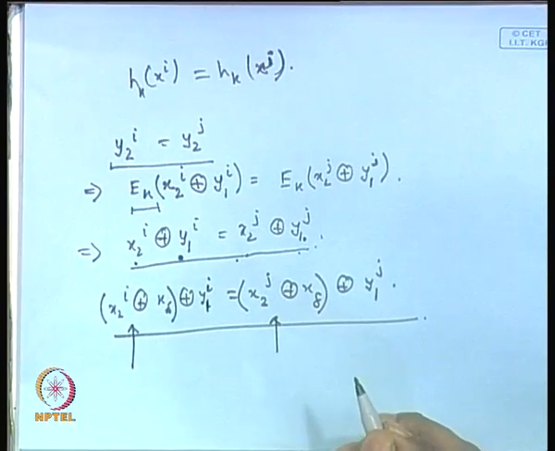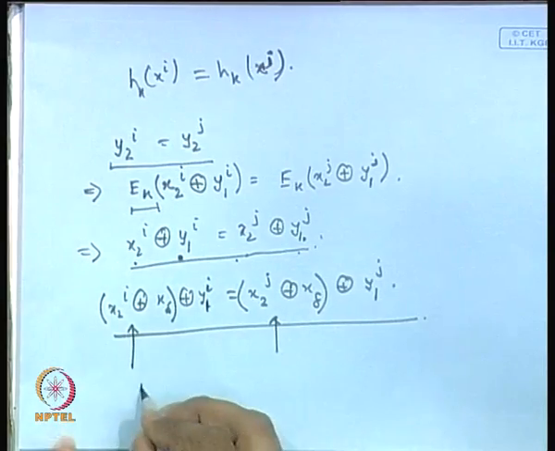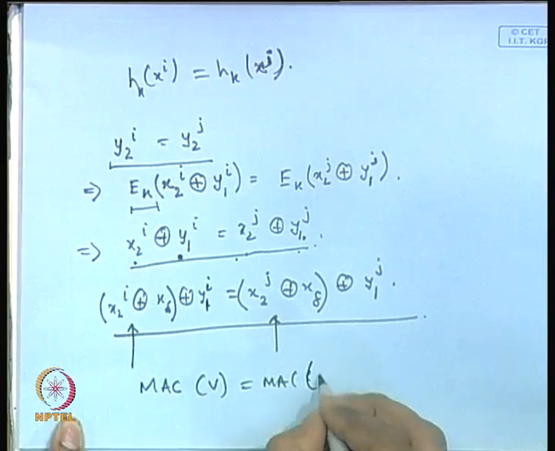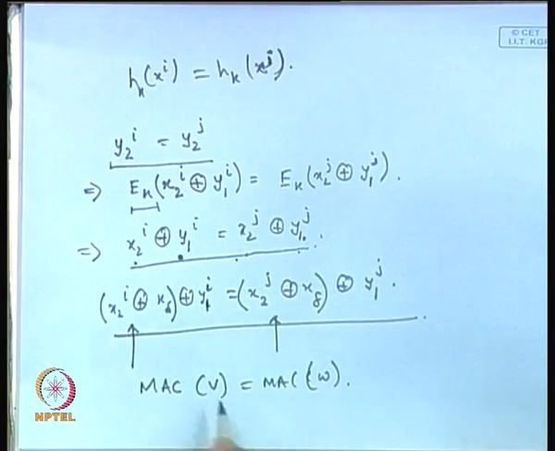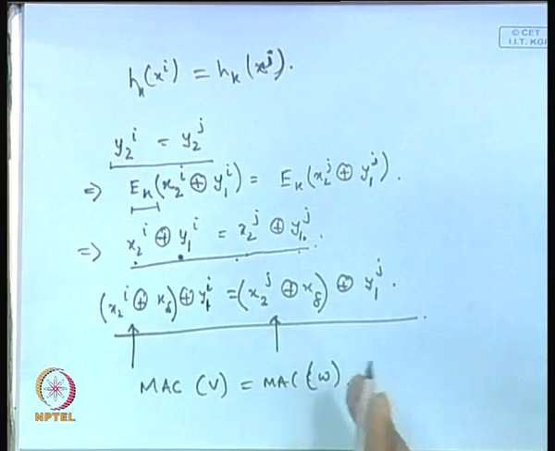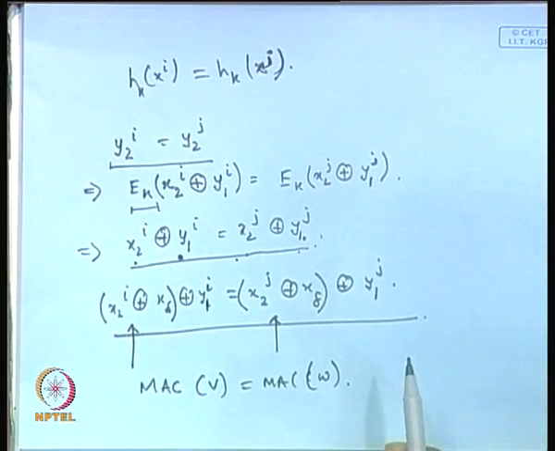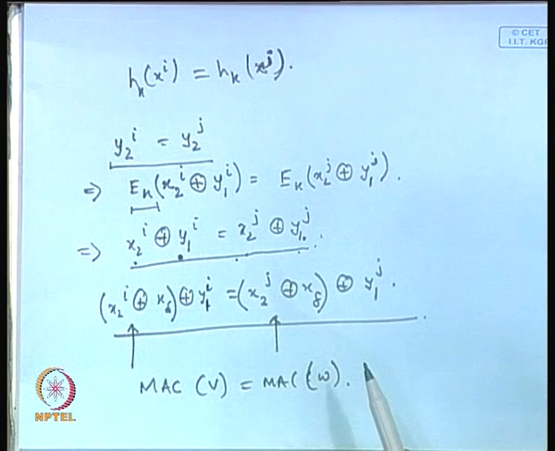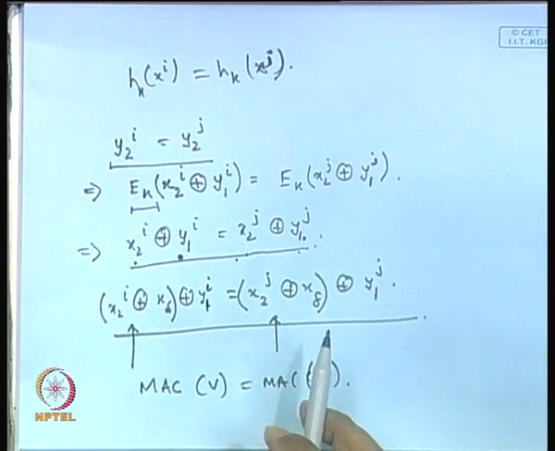So, you see that the MAC of v and the MAC of w are same, okay. But are v and w same? No. So, if I have queried for the MAC of v and I report the MAC of w, then I have formed a valid pair, right, because v and w are not the same, but I know the corresponding MAC value. Okay. So, how many queries did I do?